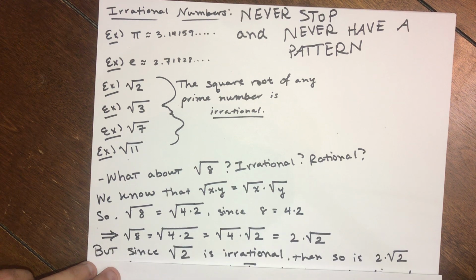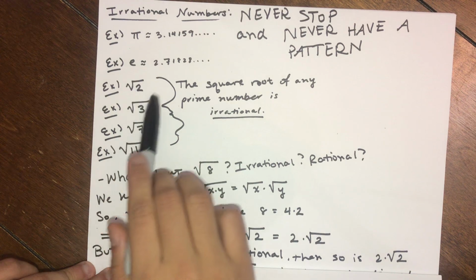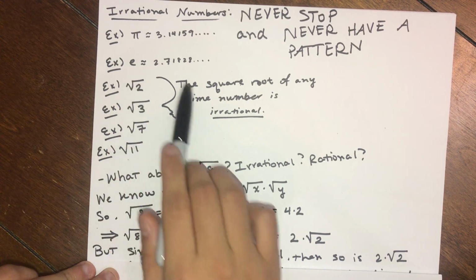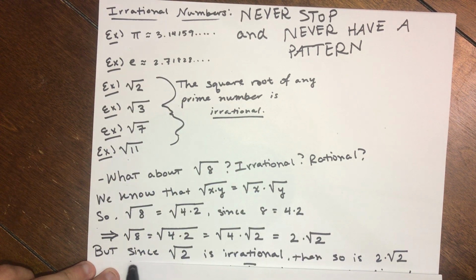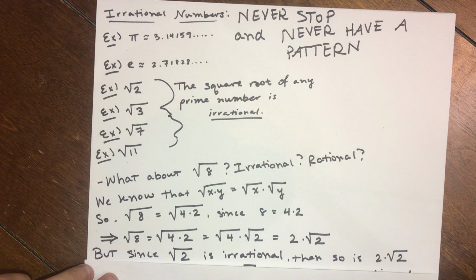Okay, but since the square root of 2 is irrational, right? It's the square root of a prime number. Okay, so that means it's irrational. Since the square root of 2 is irrational, then so is 2 times the square root of 2. If you think about that a little more, the square root of 2 keeps going forever.